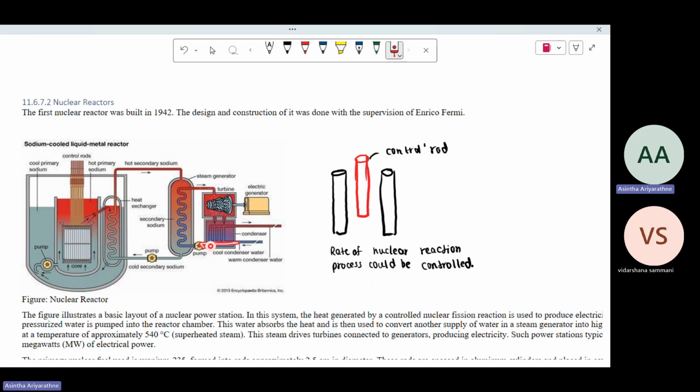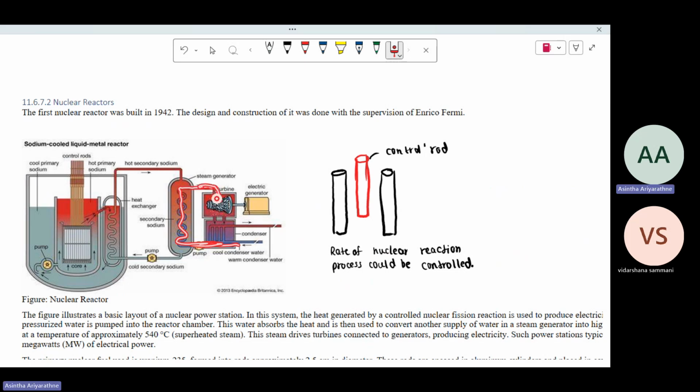Water is pumped. This is a second heat exchanger. So again this heated up sodium liquid transfers energy to the cold water. Then water gets heated up and becomes steam.